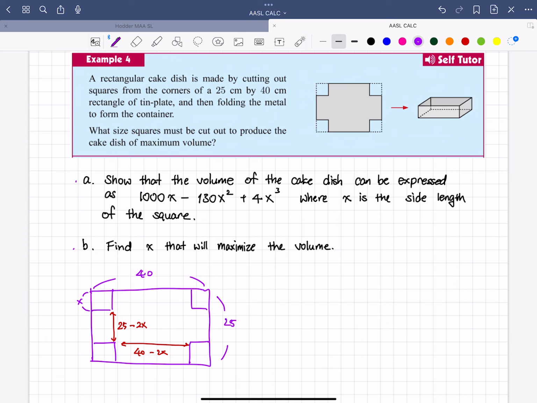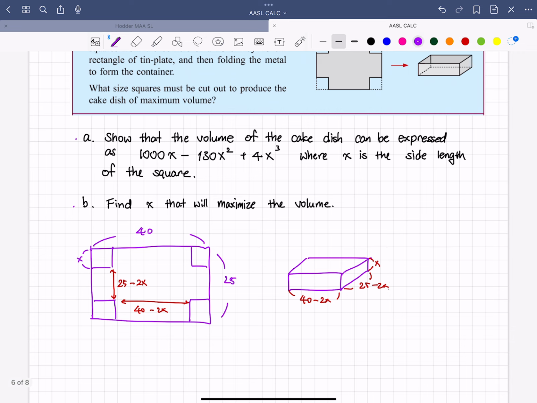So when you make this into a box, this dimension is 40 minus 2x. This is 25 minus 2x. And then the height is x. So the volume is 40 minus 2x times 25 minus 2x times x.